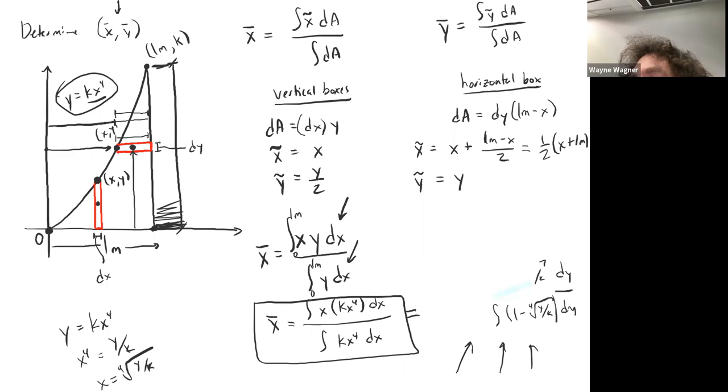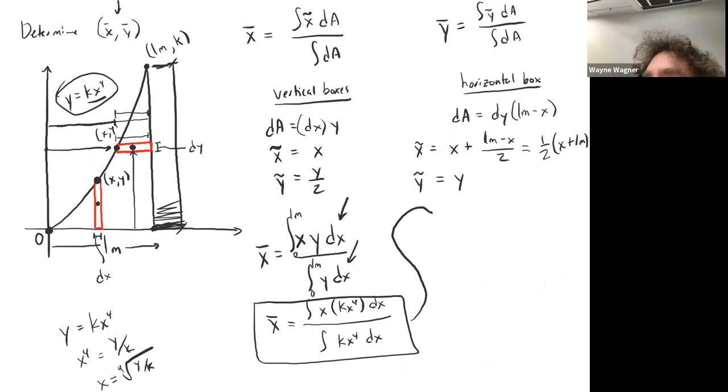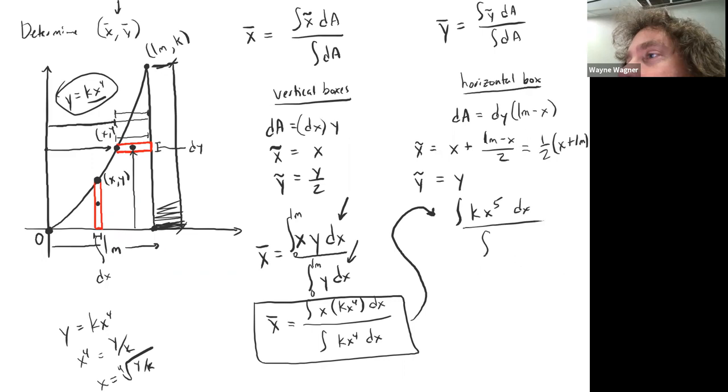Okay. And some of you are now like, because calculus is, like, we ask you to do a bunch of calculus, and then we never ask you to use it. So this might be a little bit rusty, and that's okay. So this is going to be the integral of kx to the fifth dx over the integral of kx to the fourth dx.